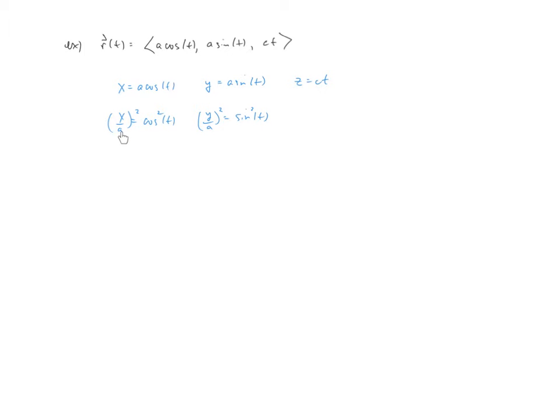Therefore, x over a squared plus y over a squared is also going to equal 1 using our fundamental identity. So that's going to be an x squared over a squared plus y squared over a squared equals 1. Again, that came from cosine squared plus sine squared equaling 1, making the substitutions there and there. And now if I multiply the a squared over, x squared plus y squared equals a squared.